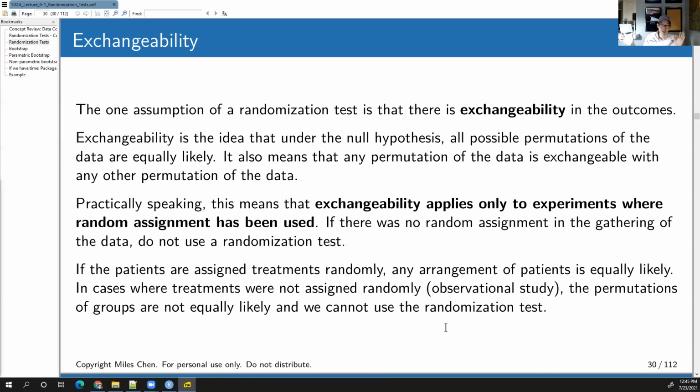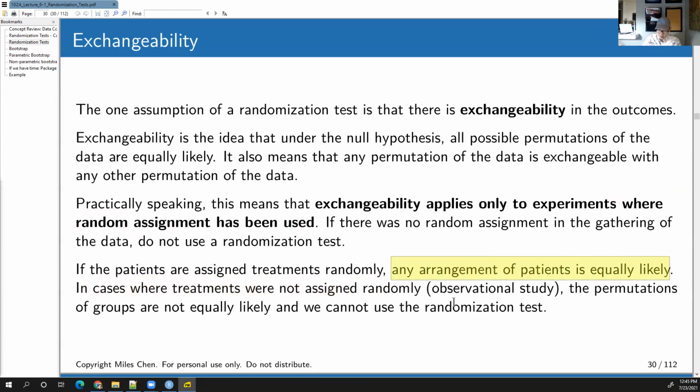They might still get 50 people, but the order of the people in the line could be different, and so who's yawning could end up getting assigned to different groups, right? And so exchangeability applies only when random assignment is used. If the patients are assigned treatments randomly, then any arrangement of patients is equally likely, right?